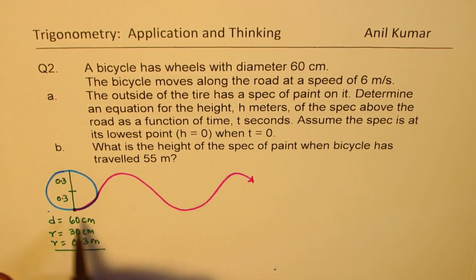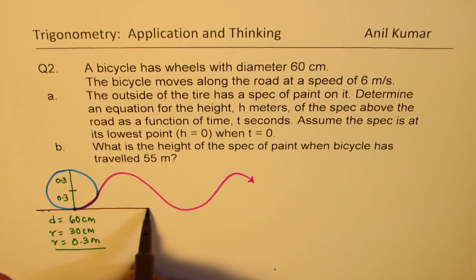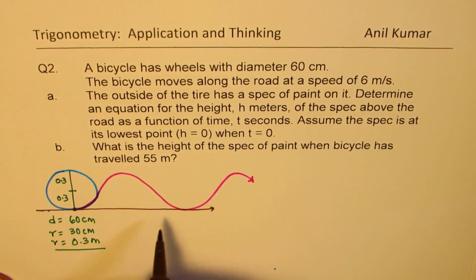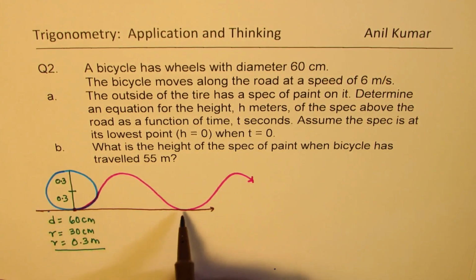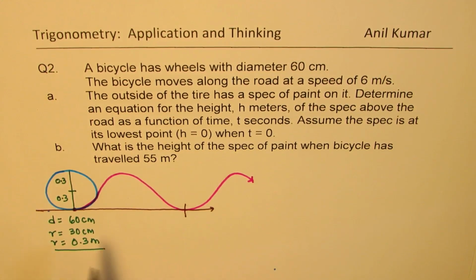Let's try to understand. So it is along a road, kind of like this, correct? So that is one particular wave, one complete cycle. We need to write the equation of this cycle.